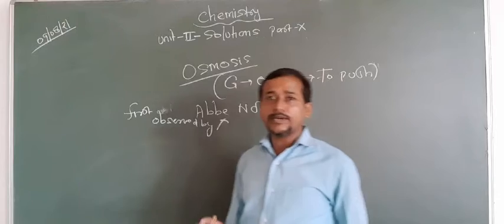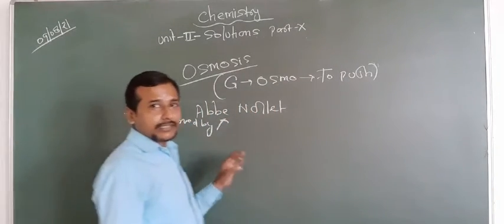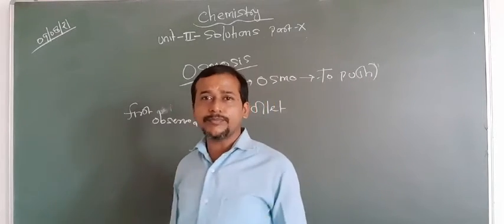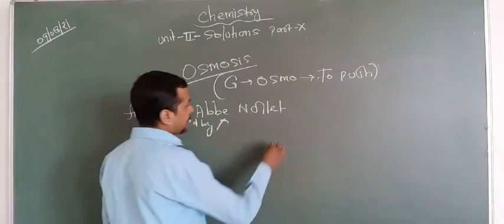Now what is the meaning of osmosis? Here the movement of solvent particles, that means only and only solvent particles, moves in case of osmosis through a membrane that is known as a semi-permeable membrane.